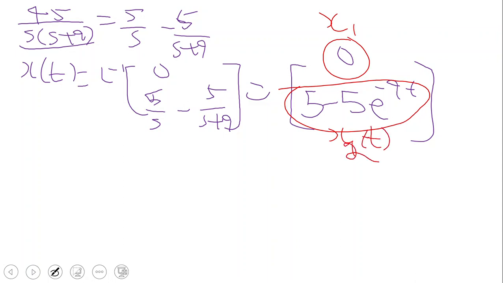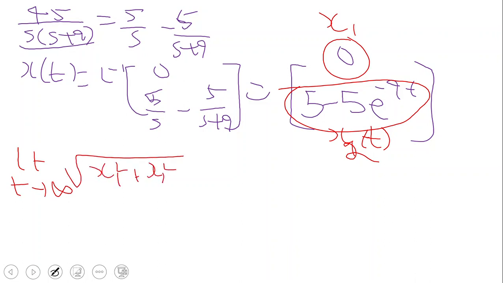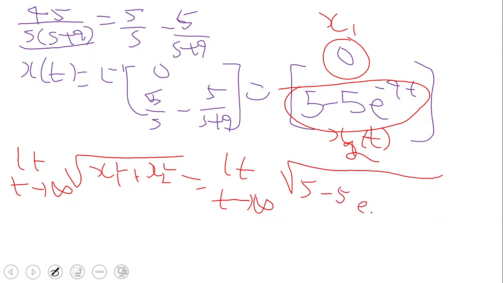So what is asked? Limit t tends to infinity of square root of x1 square plus x2 square. x1 square is 0. So square root of x2 square, that is 5 minus 5 into e to the power minus 9t, squared.